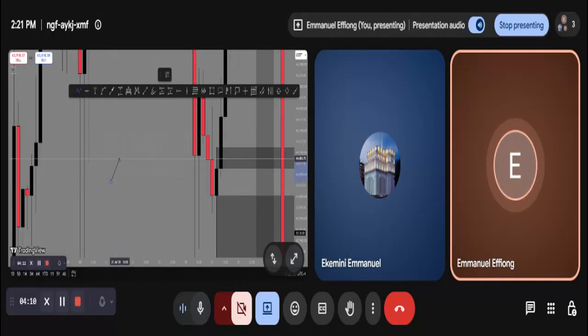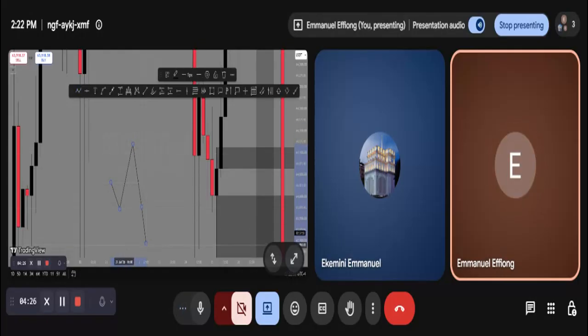it forms like a V-shaped level. The next thing we need to see is the market coming down to the level and pushing up, not breaking below it. We need the market to push up and reject that zone.